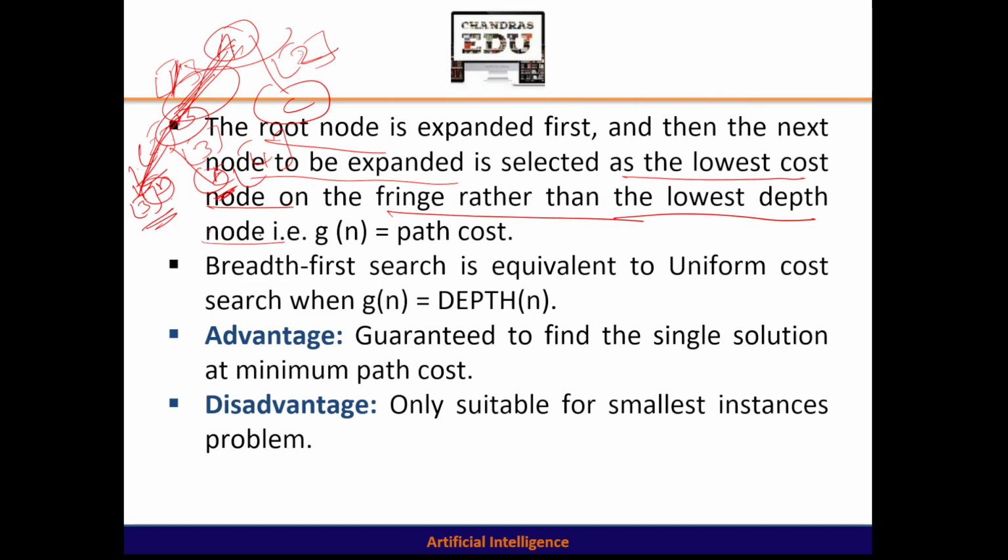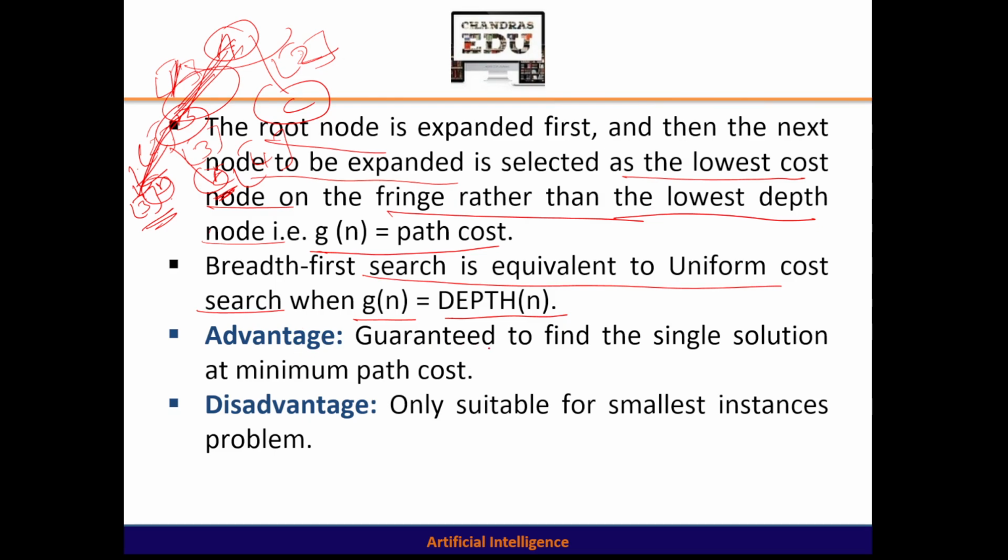So here we are taking a function g of n, which is equivalent to the path cost. Breadth first search is equivalent to uniform cost search when g of n is equal to depth of n. That means if we make the depth and the path cost equal, then it can be a breadth first search algorithm.